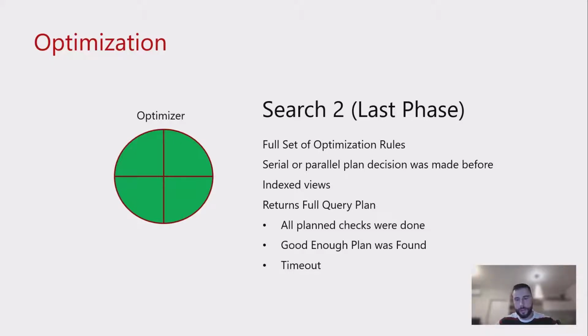It means that SQL Server did not get a query plan which satisfies the internal criteria for cost, but it has to return the query plan because it's spending too much time. Honestly, it's not time, but the amount of permutations. It's limited, and when SQL Server exceeds this amount of allowed permutations, it returns the best query plan it has at this moment. The reason for the query plan return will be timeout.